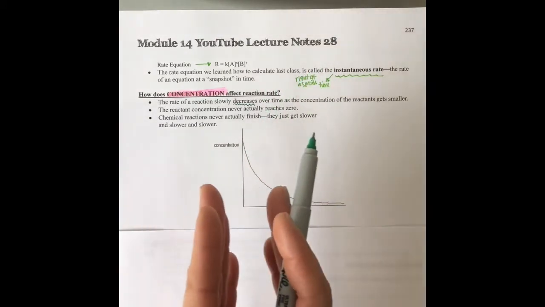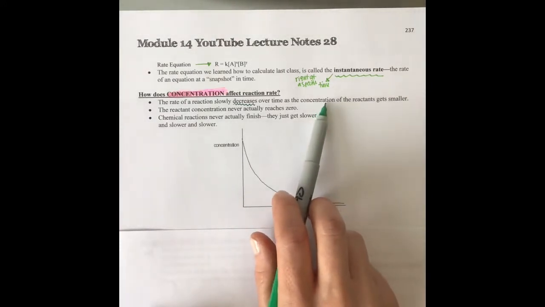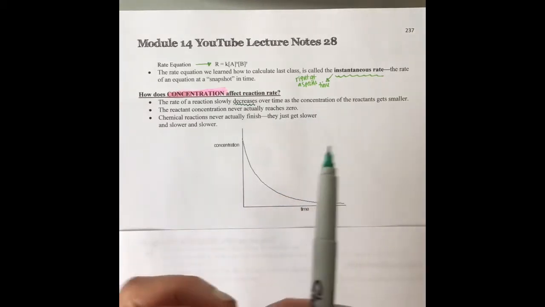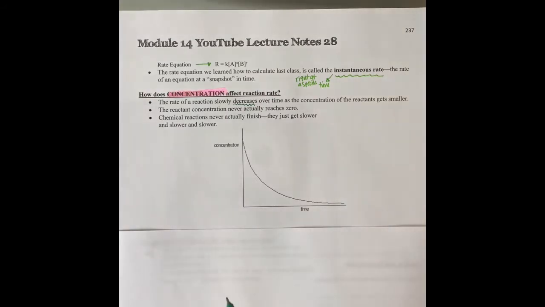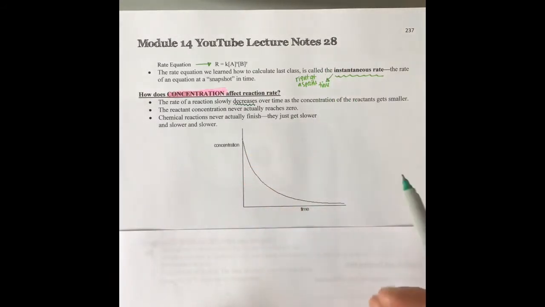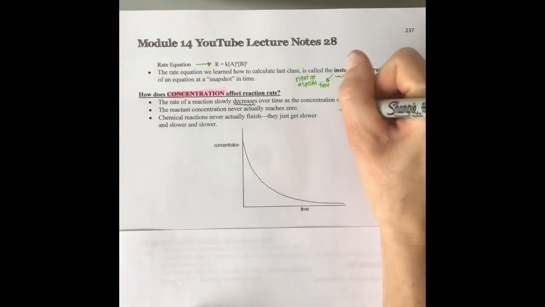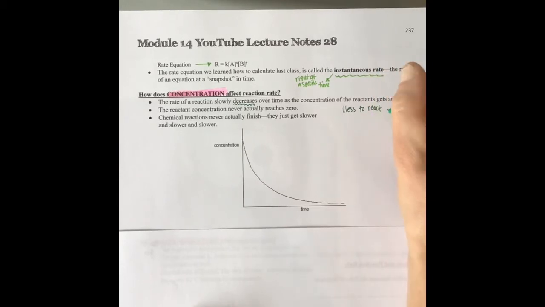But as the reaction progresses throughout time, you actually have less reactants. You have less reactants bumping into each other. And so, of course, your rate of reaction is going to eventually slow down. So you might make a note here by saying there is less to react with.